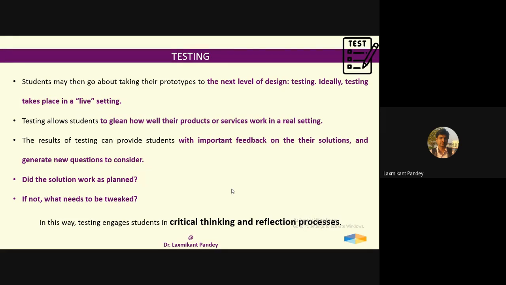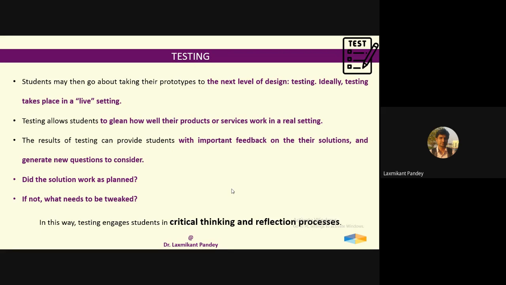The results of testing can provide students with important feedback on their solutions and generate new questions to consider. That is very important. Whenever students are performing any kind of project-related work, it is not always the case that they come up with the solution. Sometimes students fail, meaning they do not get the good result they presumed before doing the experiments.